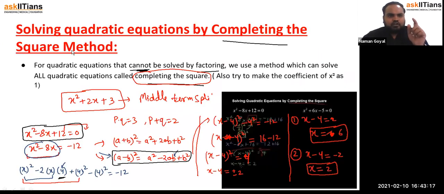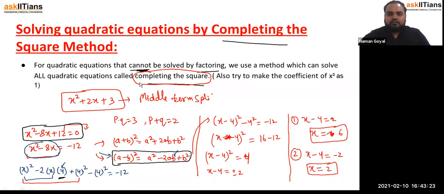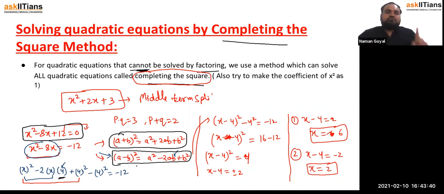After that we do some questions by using the method of completing the square. In completing the square we are going to use two things. Either we use a plus b whole square, which is a square plus 2ab plus b square, or we use a minus b whole square, which is a square minus 2ab plus b square.